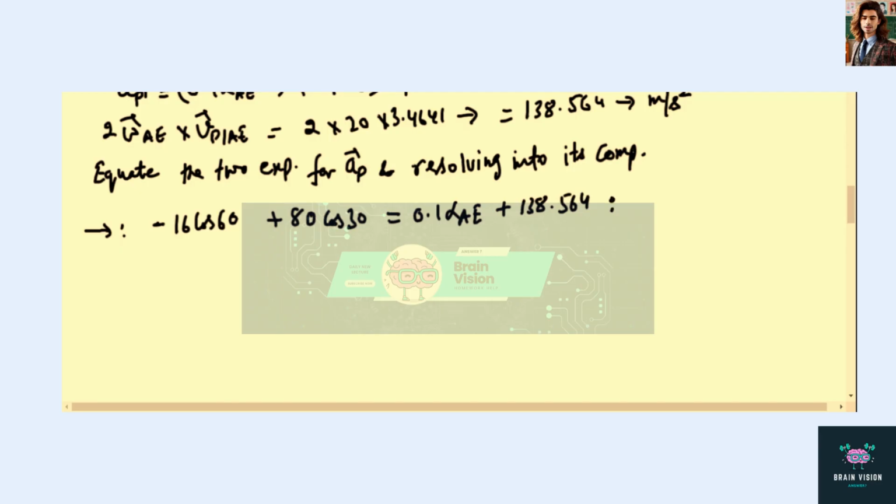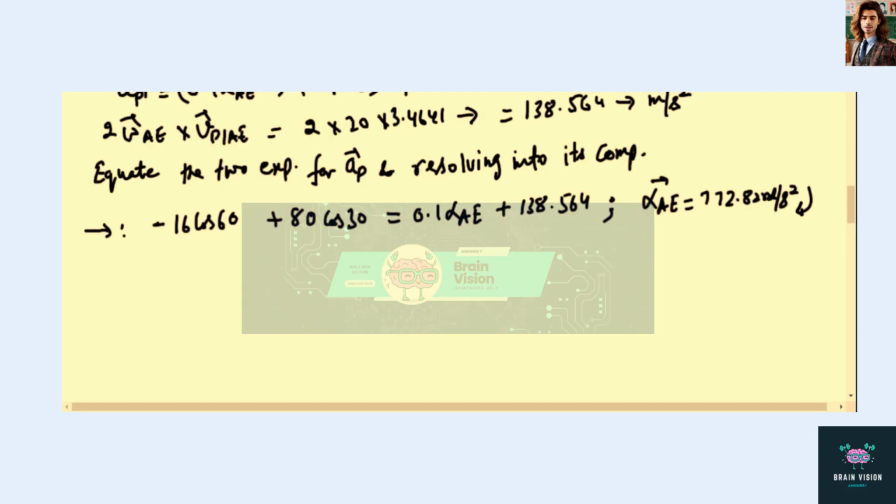So from here, angular acceleration of AE we will get 772.82 radian per second square in clockwise direction.